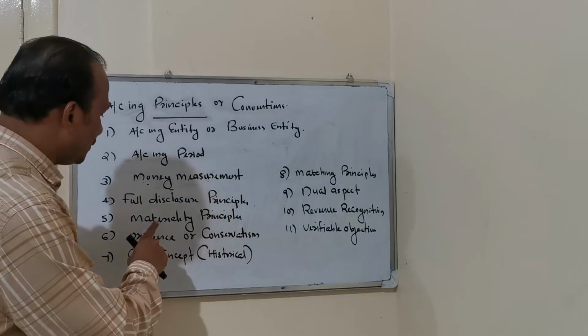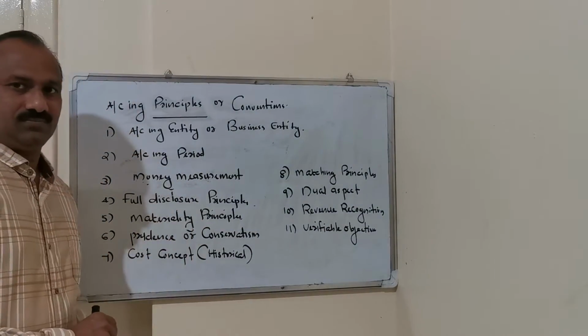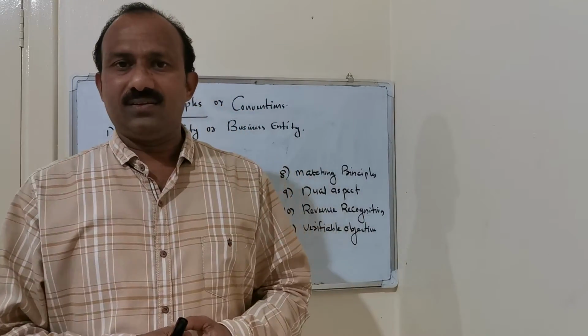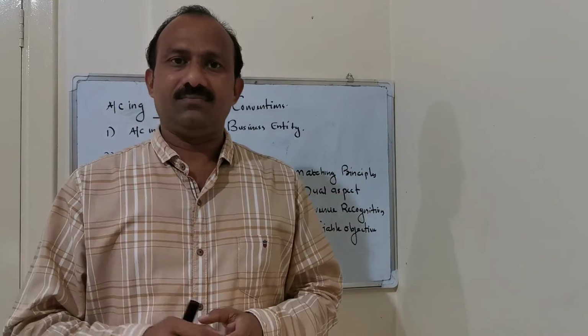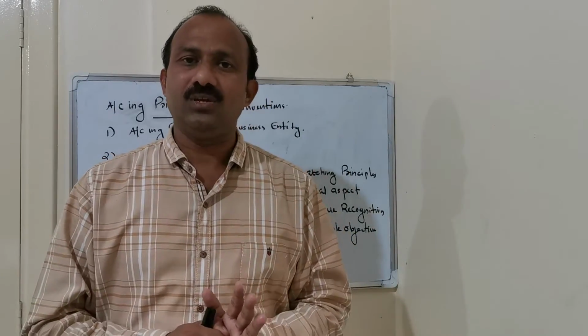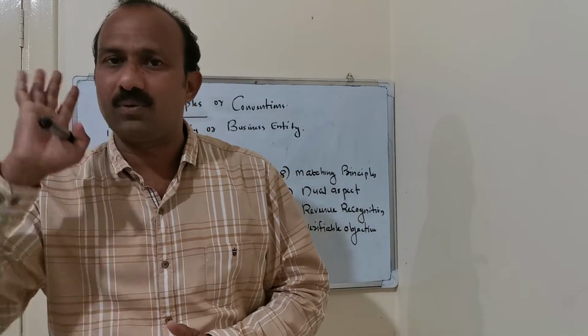Our next point is the materiality principle. What do you mean by materiality and immateriality? If a decision maker is using that information for decision making purposes, we can say that this is material information.